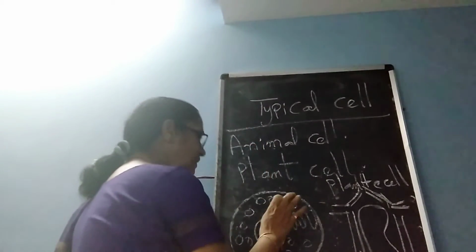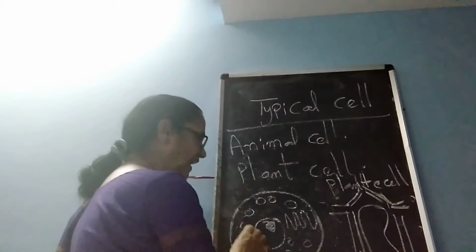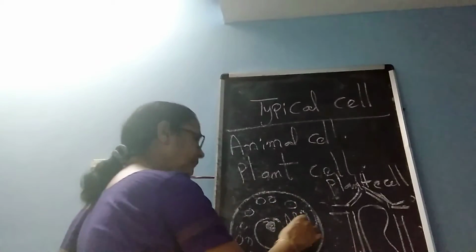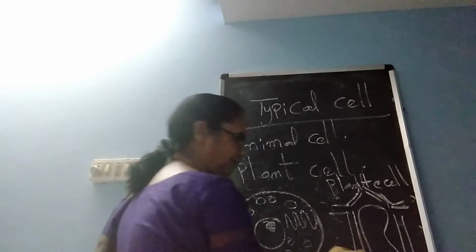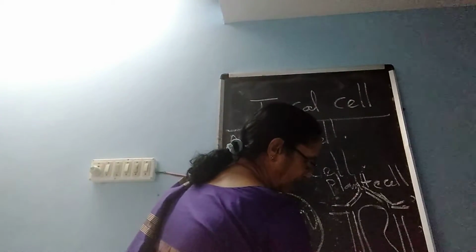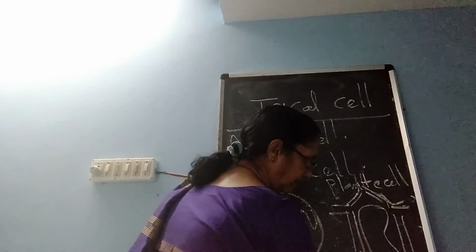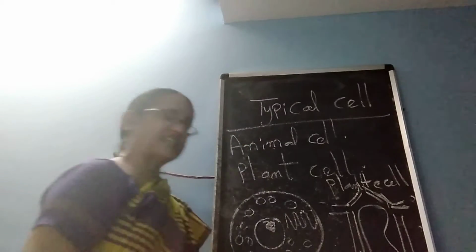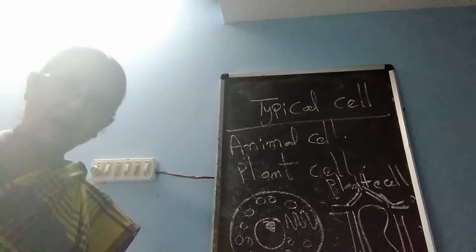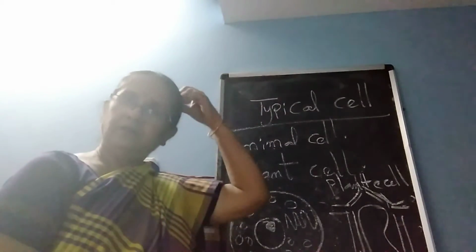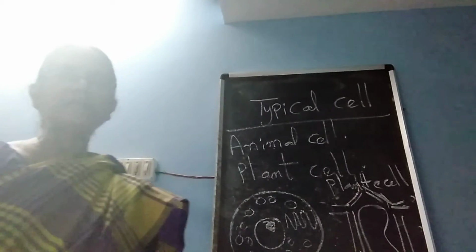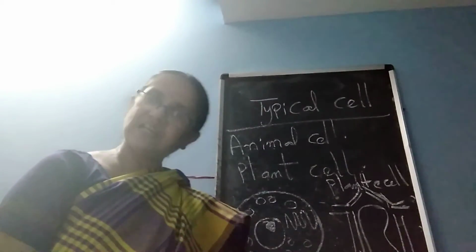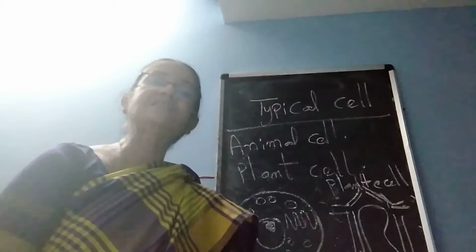In the animal cell, we find other parts. In the plant cell, we find a specialized structure called the chloroplast, which gives coloration to the plant. It contains a pigment called chlorophyll. It is green in color, so the plants are green.